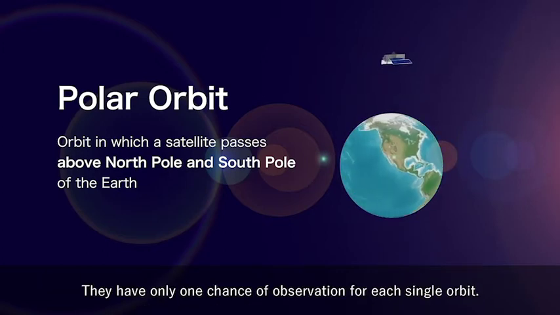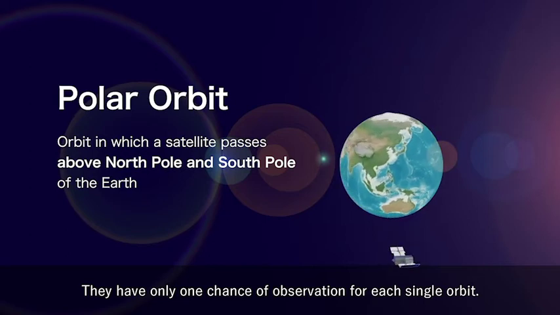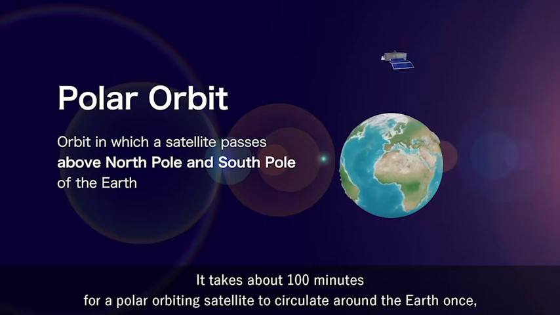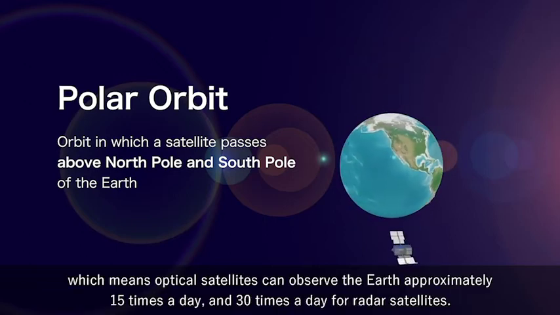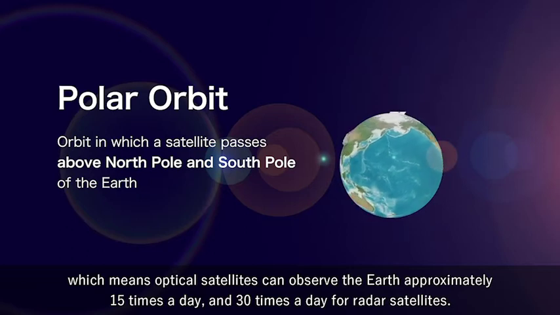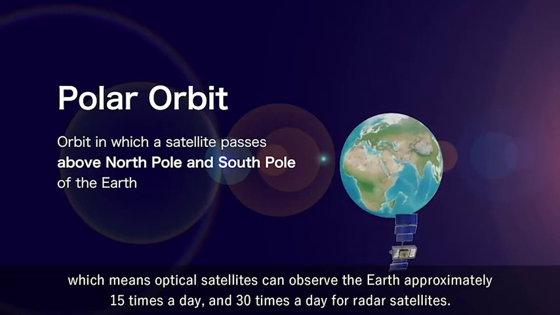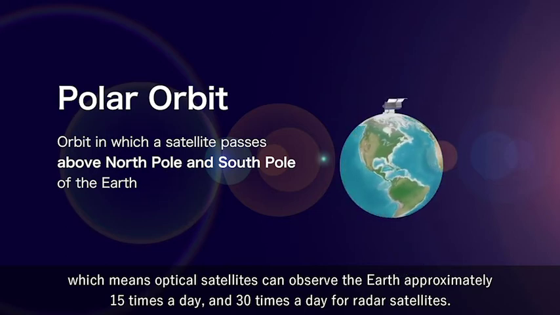They have only one chance of observation for each single orbit. It takes about 100 minutes for a polar orbiting satellite to circulate around the Earth once, which means optical satellites can observe the Earth approximately 15 times a day and 30 times a day for a radar satellite.